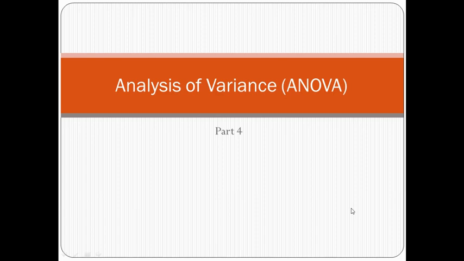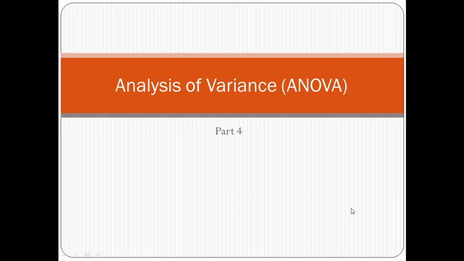In part 4 of One Way ANOVA, we shall start talking about local tests that we need to run after the overall ANOVA is significant. I want to clarify that if the ANOVA is not significant, we cannot perform the local test at all.